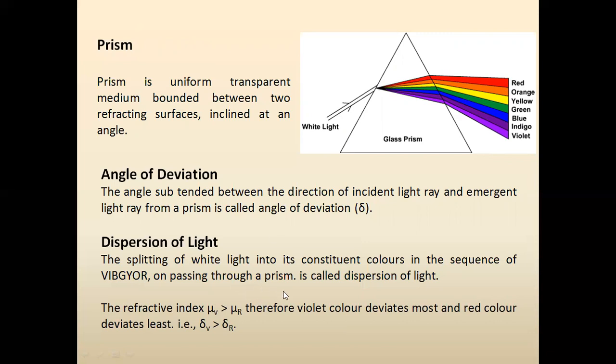Here is the important thing: the refractive index mu_v is greater than mu_r. The refractive index of violet light is greater than the refractive index of red light. Therefore, the violet color deviates most and the red color deviates least. So delta_v is greater than delta_r.